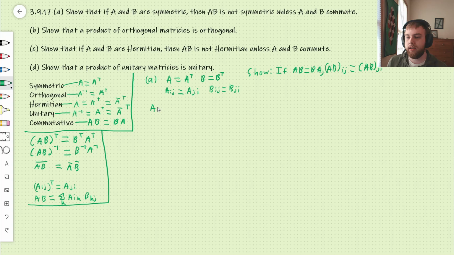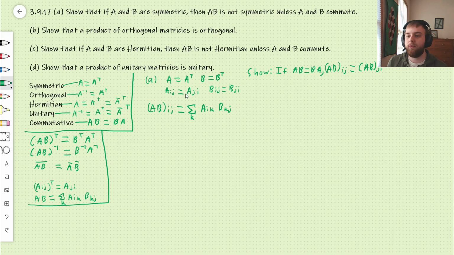So AB, the ijth element, by our definition of matrix multiplication down here, is the same as the sum of that, and I'm just copying this down. Okay.